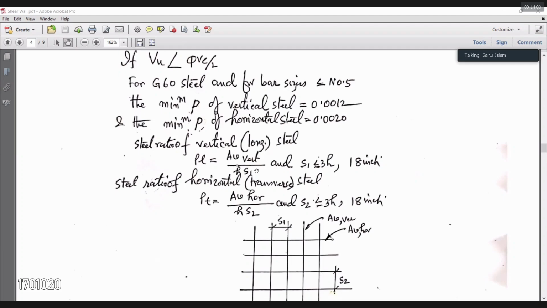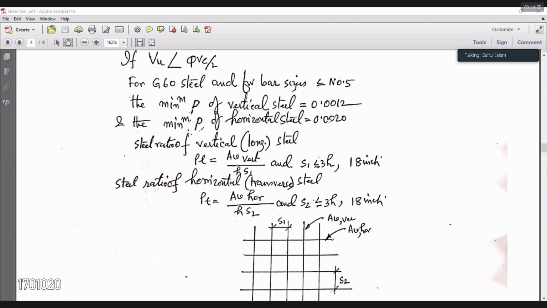So this way your steel ratio is defined. ρl equal to Av vertical divided by h S1, and another limiting condition is that S should be less than or equal to Lw by 3, 3h or 18 inch, or your spacing cannot be more than this parameter, and this is the minimum steel ratio. This condition you have to maintain. For vertical steel, this is the minimum steel ratio.